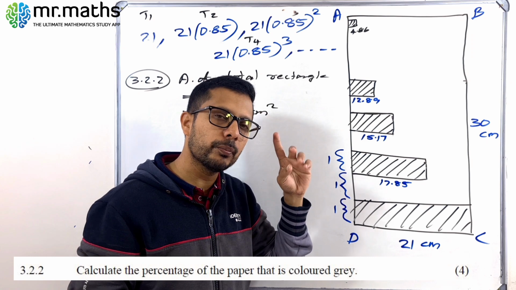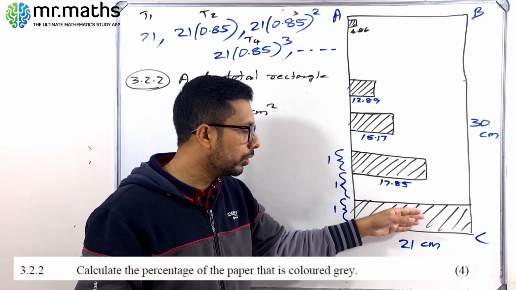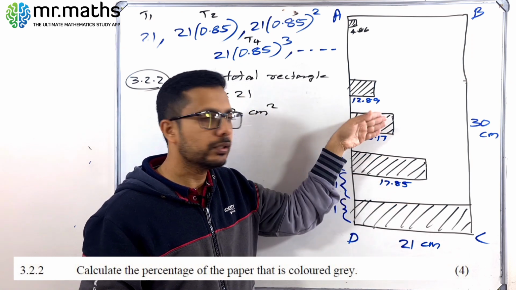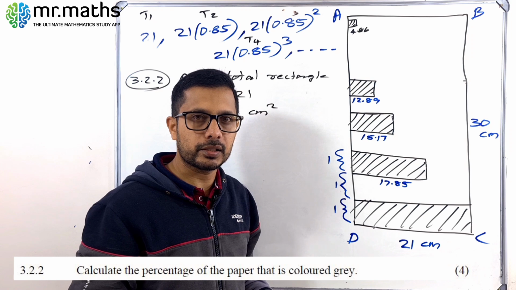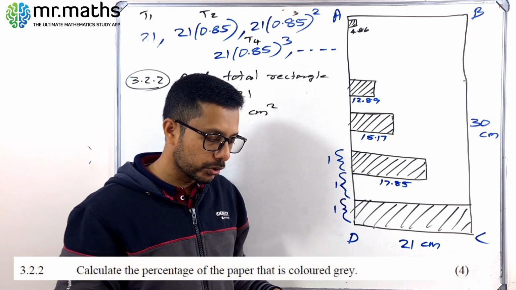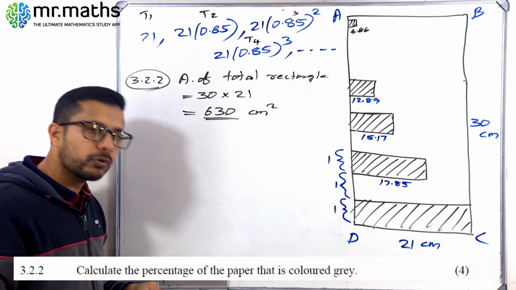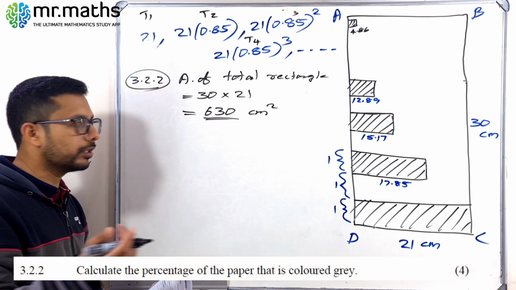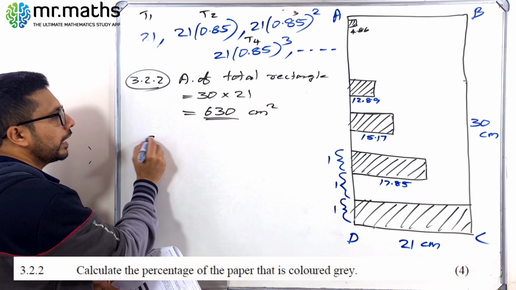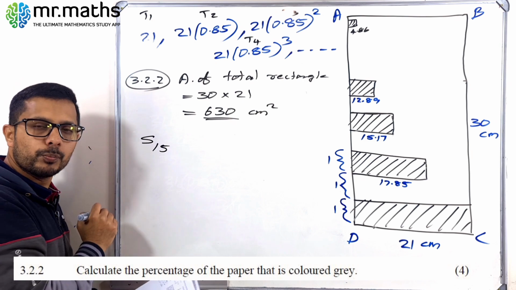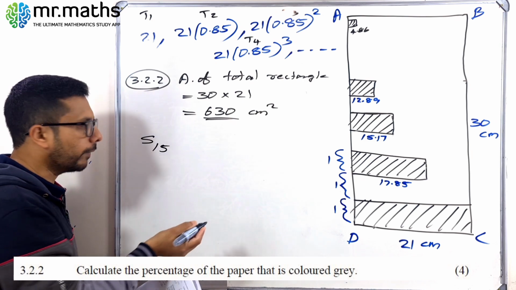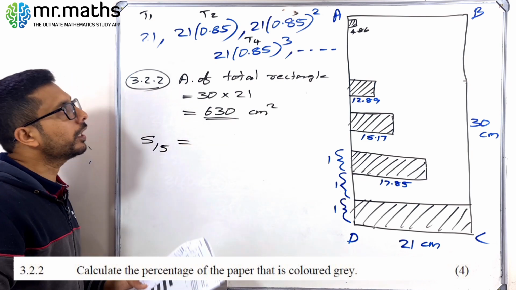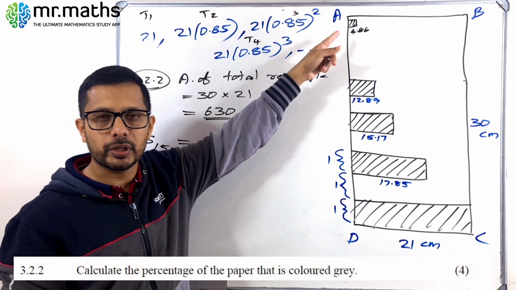So you have to find the sum of all the areas of all those rectangles. You understand? So how can you find the sum of all those 15 gray shaded rectangles? For that it is S15, sum of the first 15. So what is the formula? I told you this one is a geometric progression.